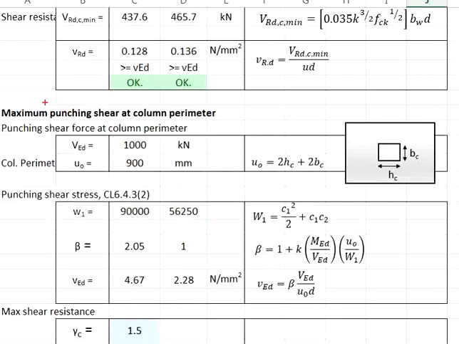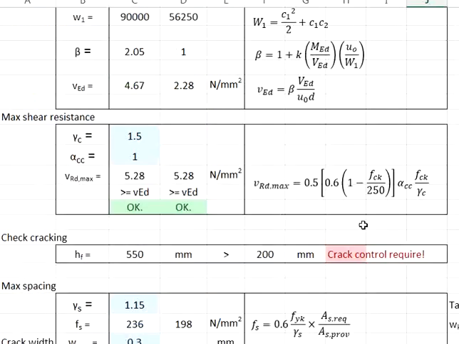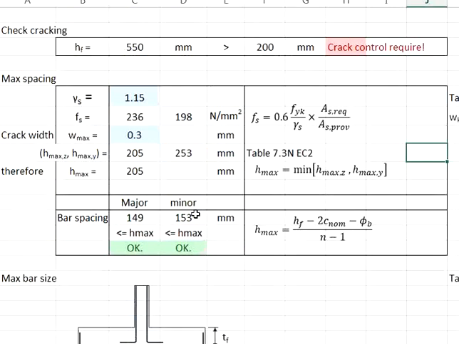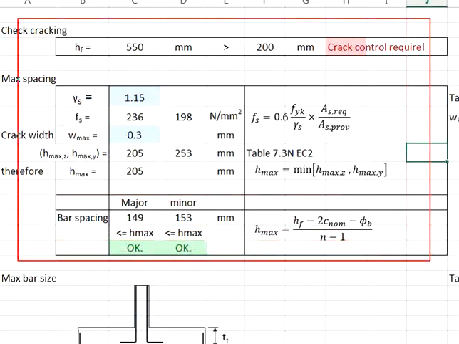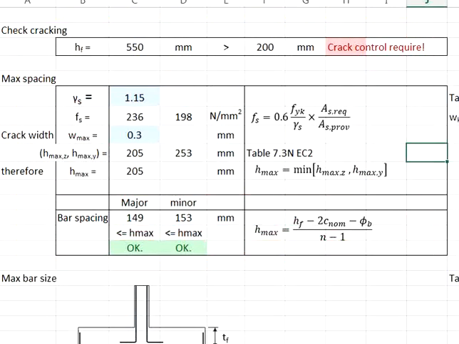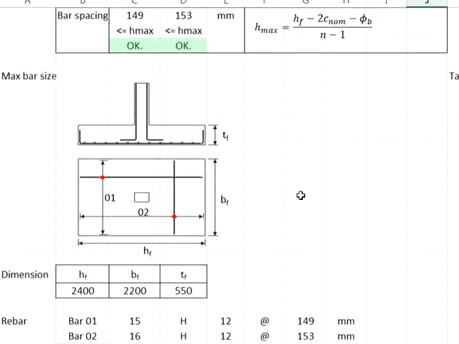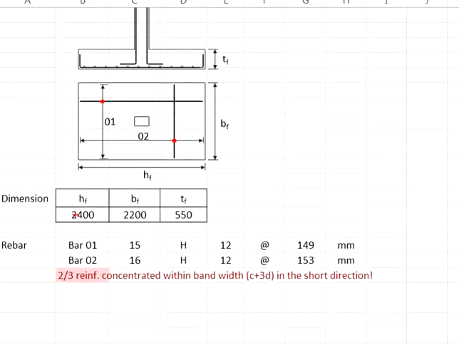Also, the maximum punching shear at the column perimeter not exceeding the maximum shear capacity, and also the cracking has been effectively controlled. Having all this done, you can conclude the final dimensions and the reinforcement bars.